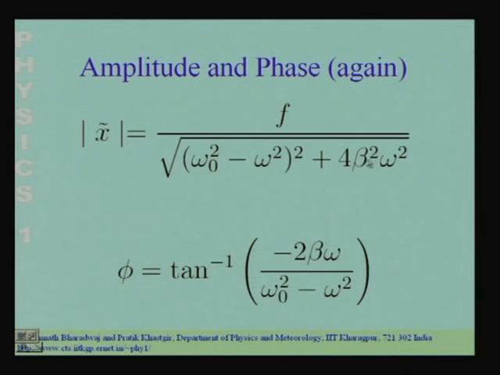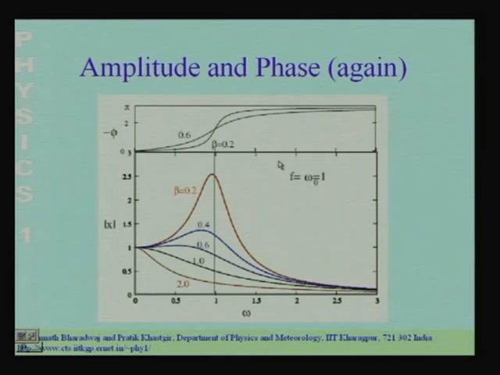Now, the first point to note is that if you introduce damping, the amplitude of the oscillations is finite throughout. So, damping ensures that your oscillations are finite. In reality you do not encounter oscillations of infinite amplitude, you have finite amplitude oscillations.